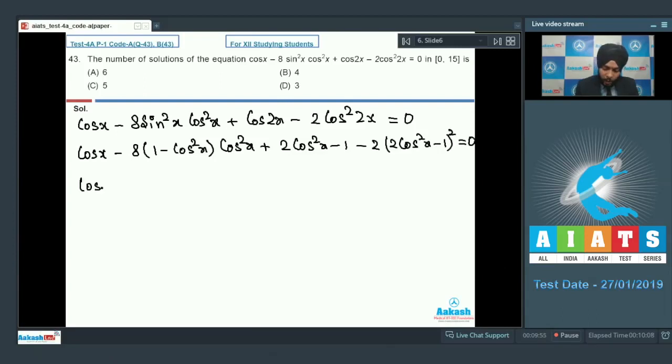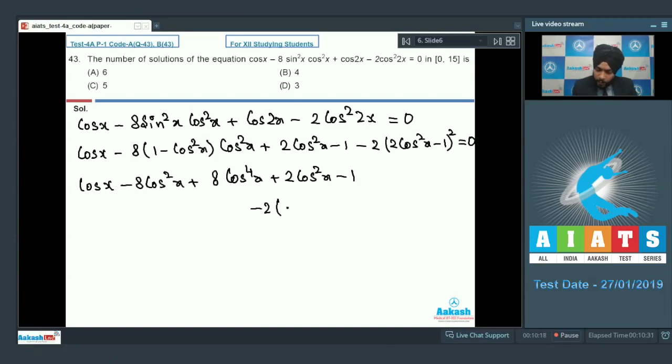So you have cos x minus 8 cos square x plus 8 cos power 4x plus 2 cos square x minus 1 minus 2 into 4 cos power 4x minus 4 cos square x plus 1 equals 0.